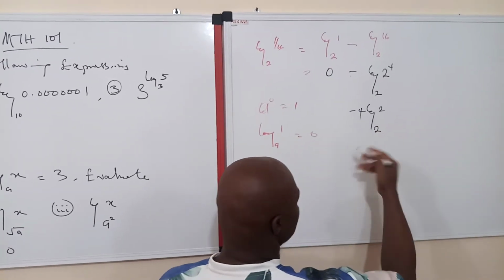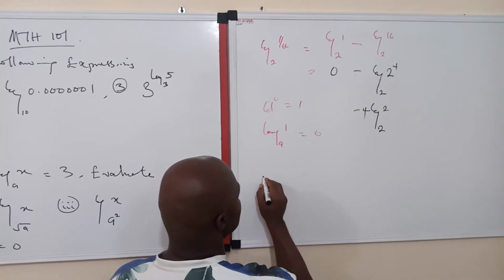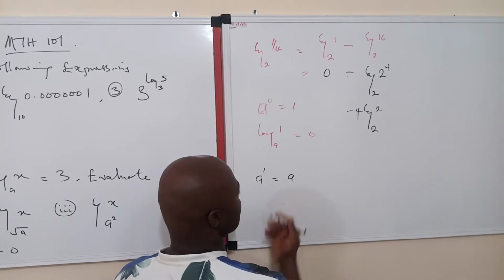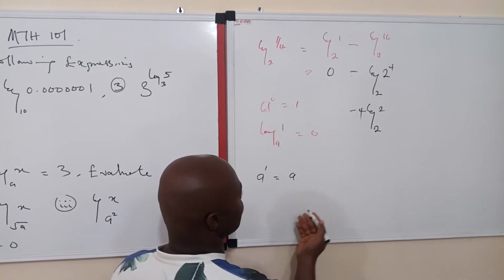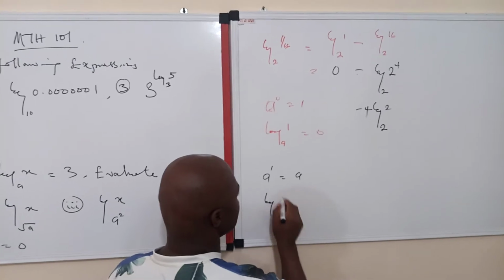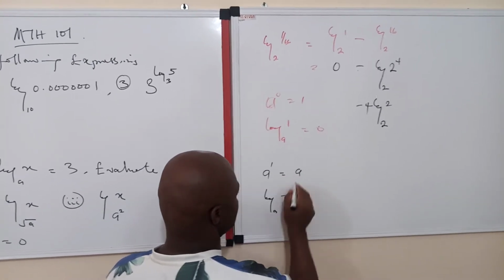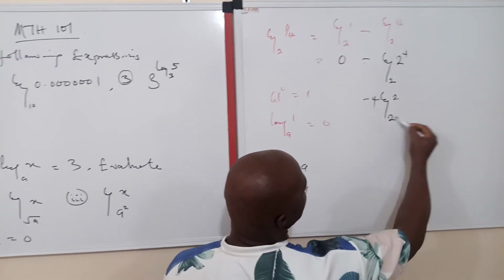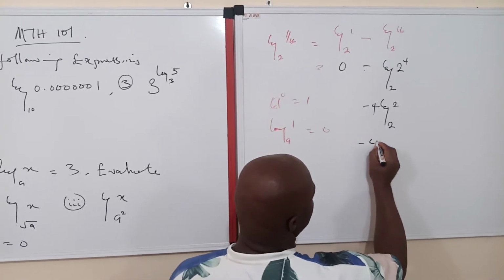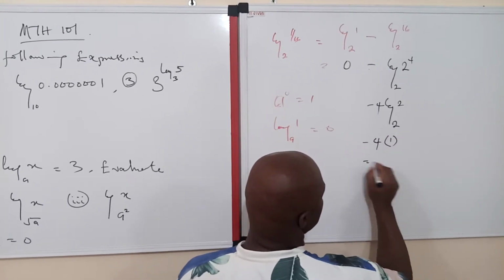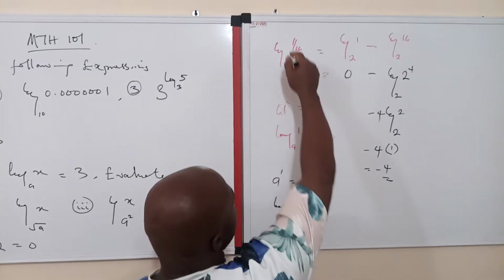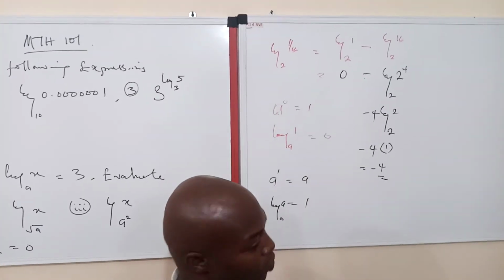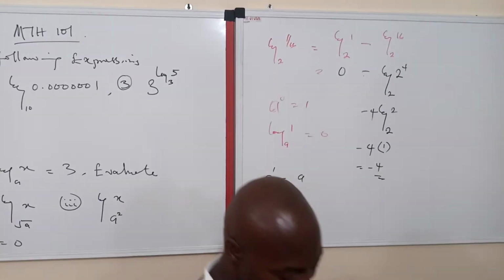And from one of the cases we considered, a raised to power 1 is the same thing as a. In terms of log, log base a of a is equal to 1. So this other part boils down to 1. We have 4 times 1, which with the negative sign is negative 4.